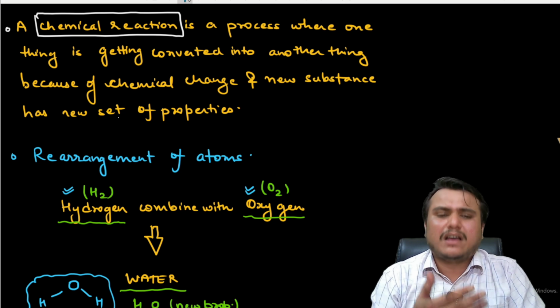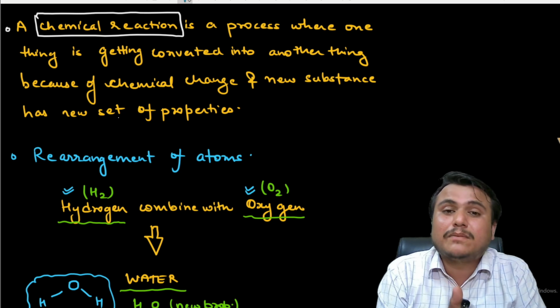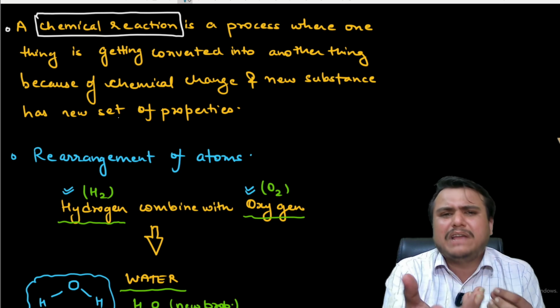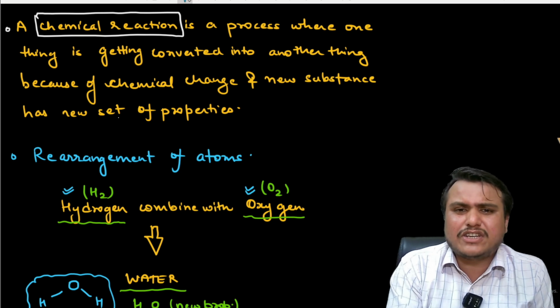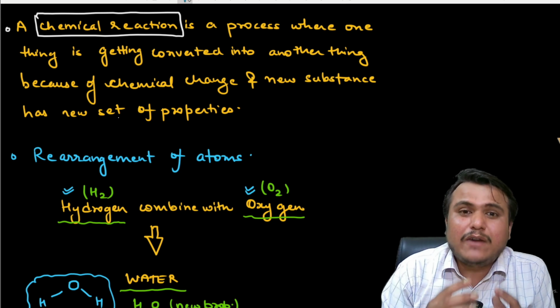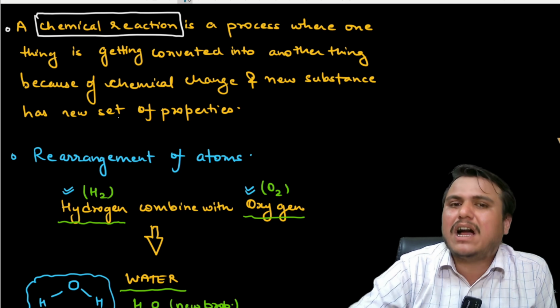For example, let's understand in this manner. In summers, if we leave any vegetable on the kitchen slab, overnight it will generate a foul smell, and because of that foul smell, we will not use that vegetable again.